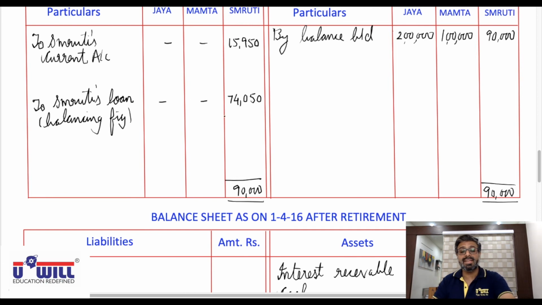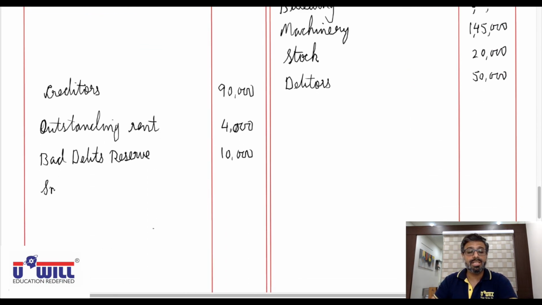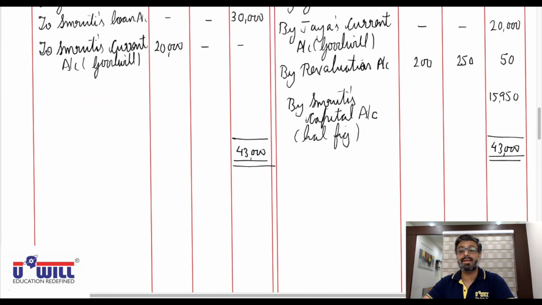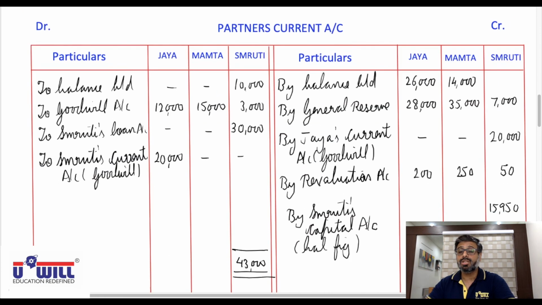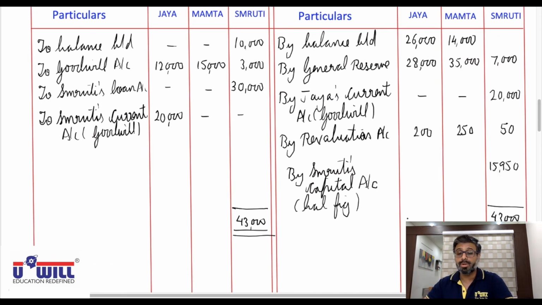This Smriti's loan 74,050 will come on the liabilities side. Now the remaining partners will do the balancing and write the balances in the balance sheet. So for Jaya and Mamta, as you can see, credit side is only more, so their closing balances will come on the liabilities side.